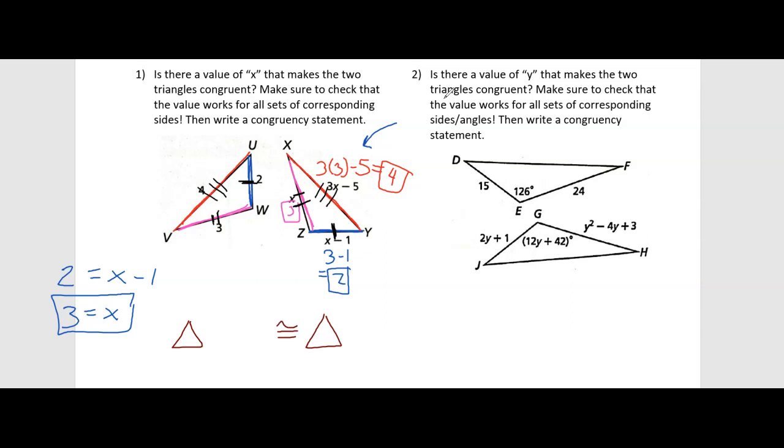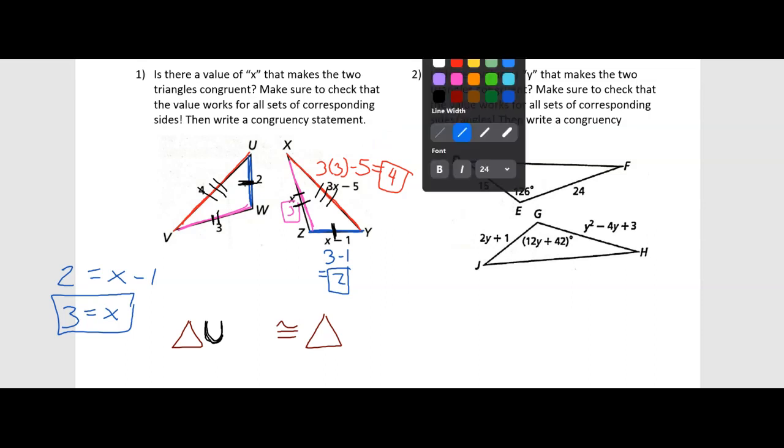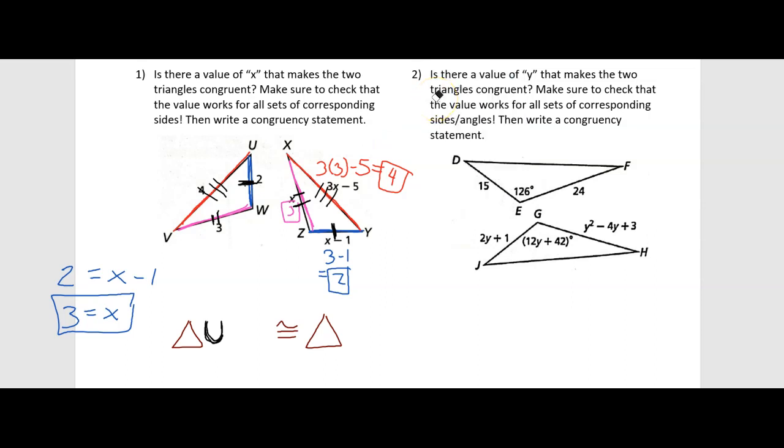Let me choose U for the left triangle. Now U is between the side that has 3 tick marks and 1 tick mark, right? So I'm going to go over here to the other triangle and choose the vertex that is between the side with 3 tick marks and the side with 1 tick mark, and that is Y.